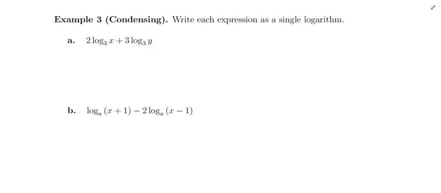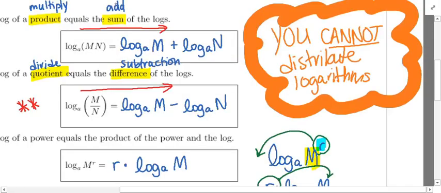To do this, if you go back to the properties on page 1, we are reversing the direction in which these properties are applied. If you look at the first property, you would start with log base a of m plus log base a of n, where you're adding two logarithms of the same base, and use the rule in this direction to combine them into one base a logarithm.